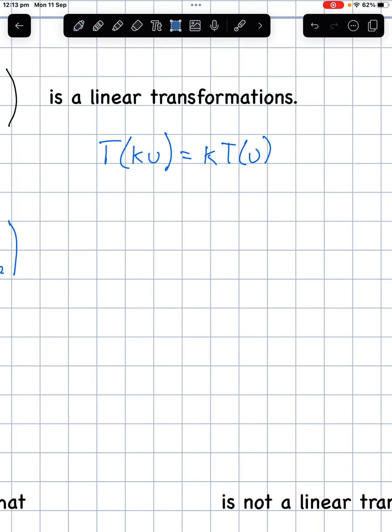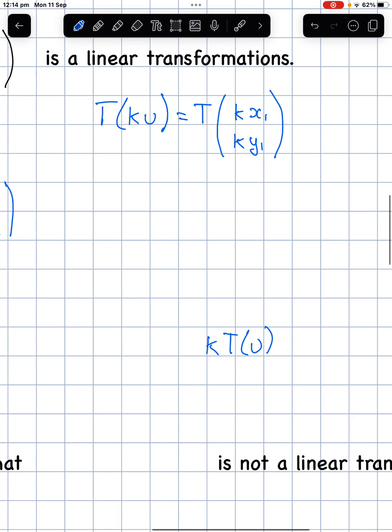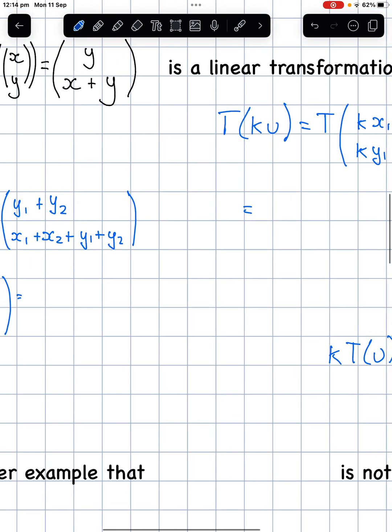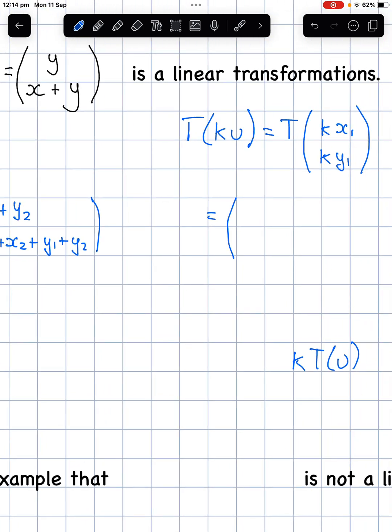So what we'll do is drag this again. When you do a proof, we only do it one-sided. So we're looking at T, and we've got kx1, ky1, okay? We put this in our function and we get ky1, and then on the bottom kx1 plus ky1.